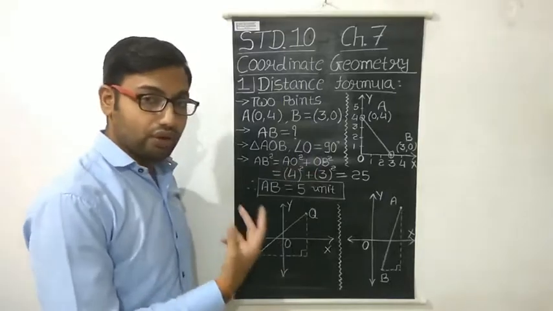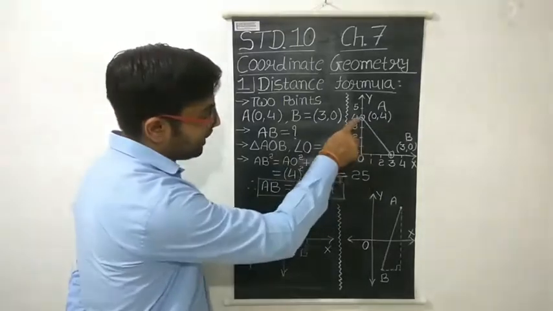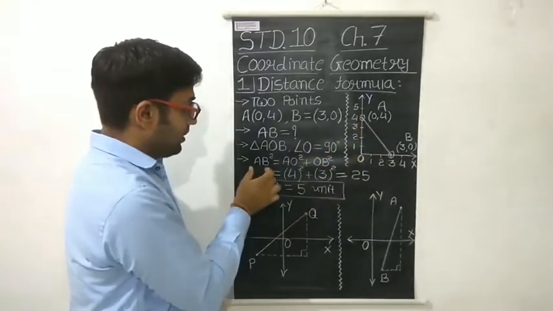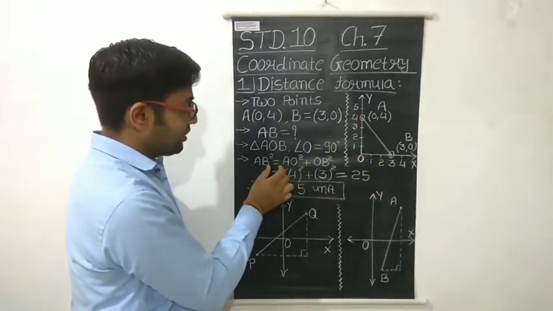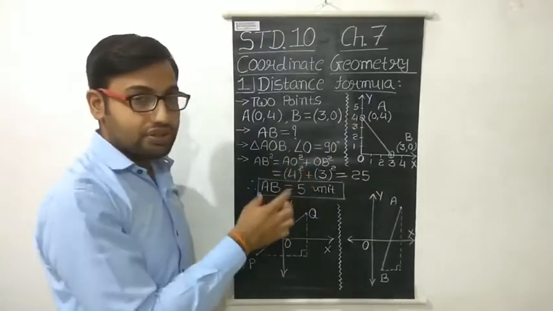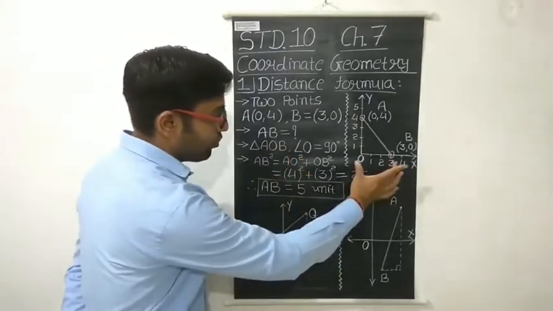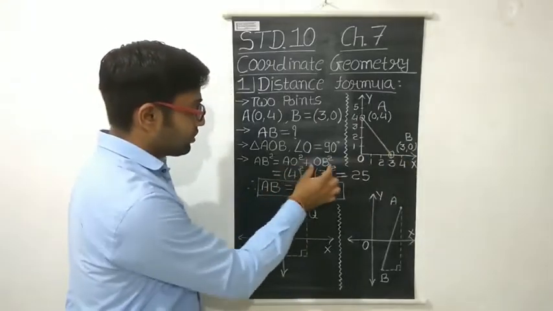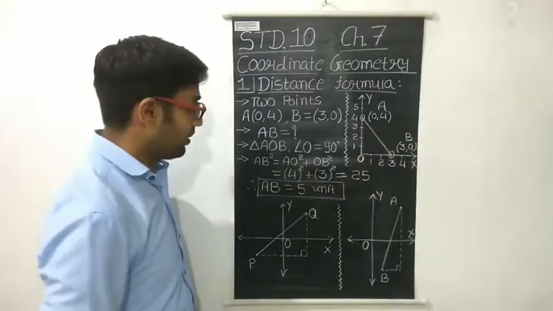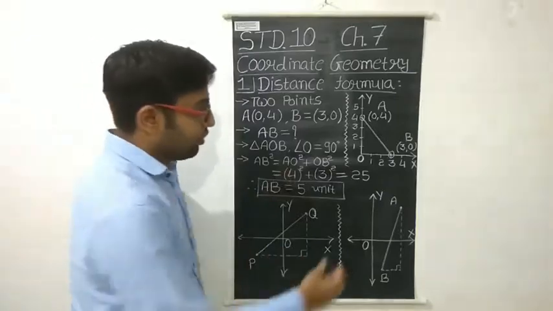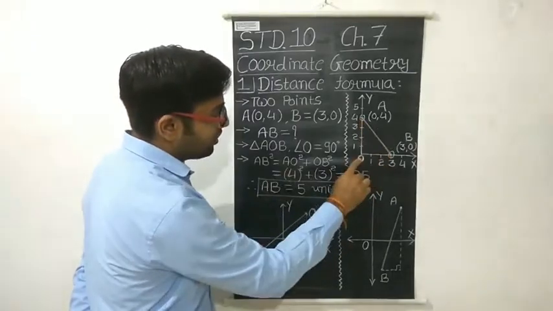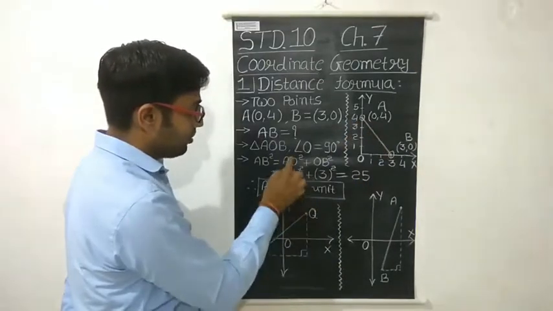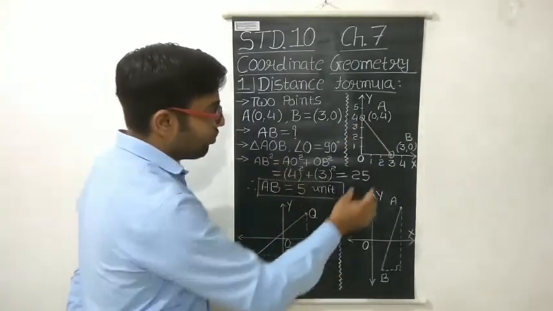So according to the Pythagoras rule, we can write that hypotenuse square, that is AB square, is equal to the addition of the squares of both the sides, that is OB square and OA square. So now what is OA? OA distance is from 0 to 4, so OA is 4, so 4 square. What is OB?